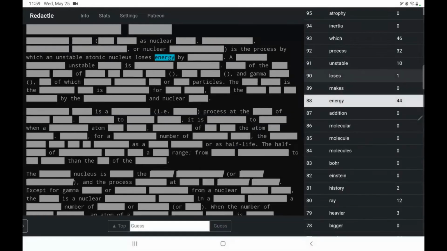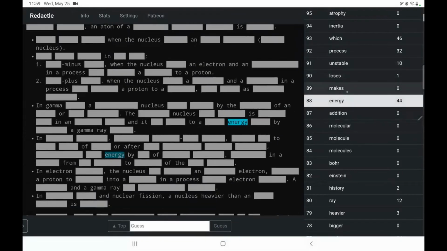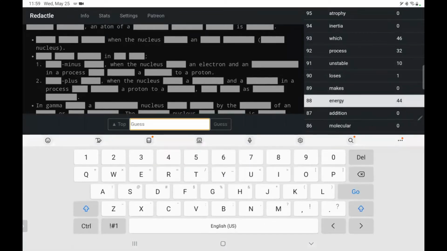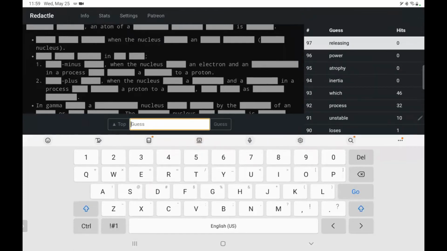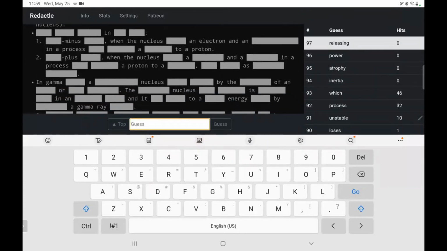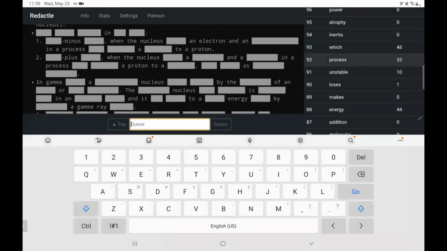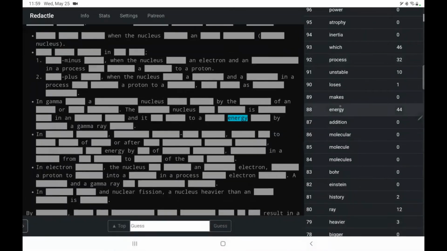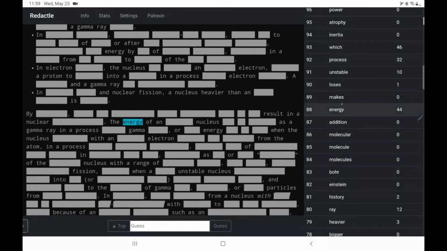Let's look at all these energies. By releasing a gamma ray, maybe? No. The energy of an something nucleus.